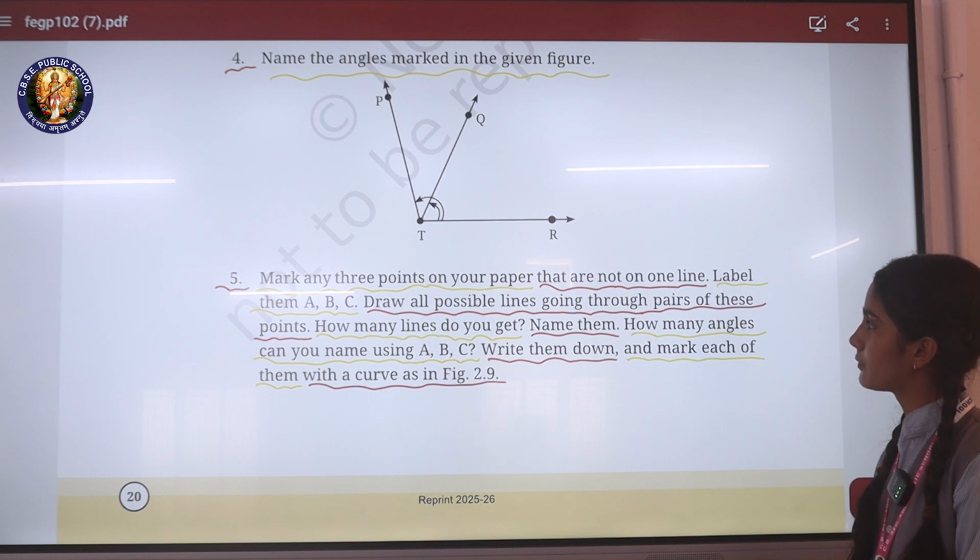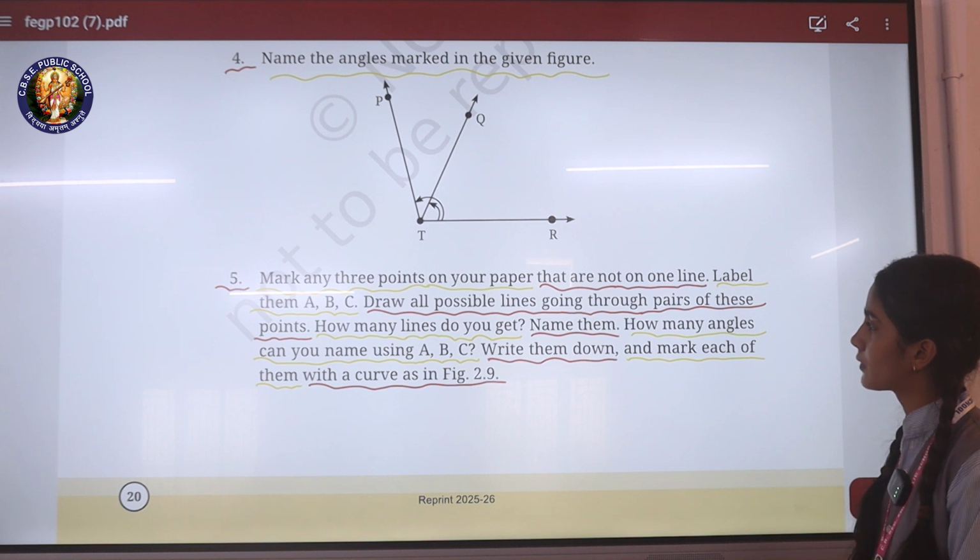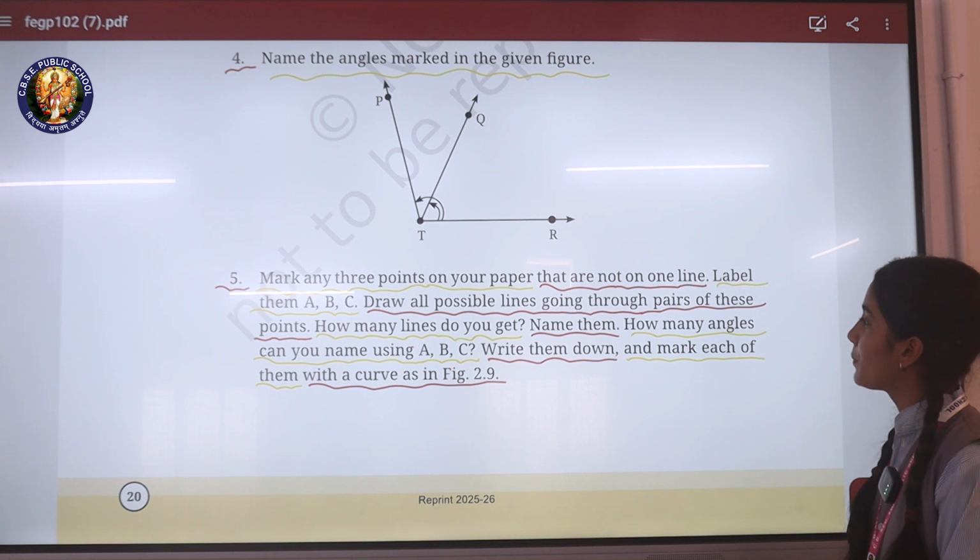Number 5. Mark any 3 points on your paper that are not on one line. Label them A, B, C. Draw all possible lines going through pairs of these points.